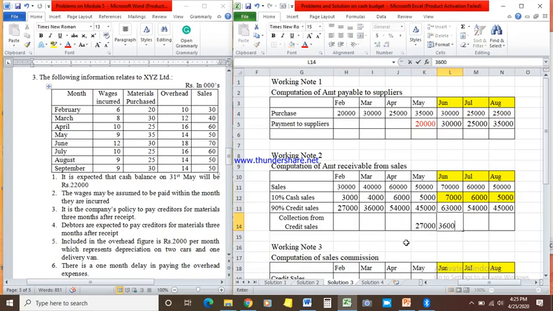Next 36,000, next 54,000 and finally 45,000 is collected in the month of August. This first 27,000 we are not going to consider because it is before the budget period. Only these three figures are considered. In this way the goods sold on credit to the debtors are collected. Next.